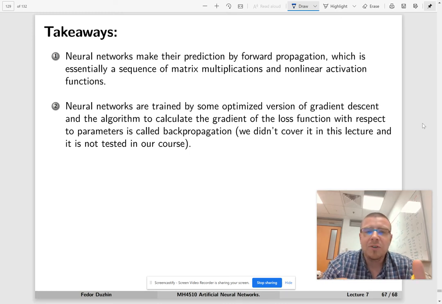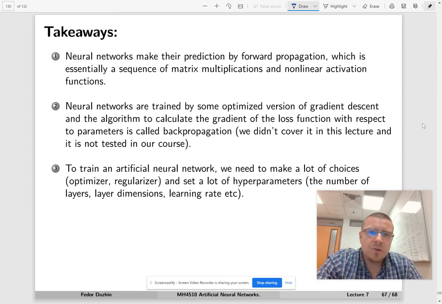So you don't really have to think too much about it unless you're going to do research in deep learning, right? In practice, you just need to have some understanding of what's going on there. And I hope that this lecture is more or less sufficient to gain this basic understanding.